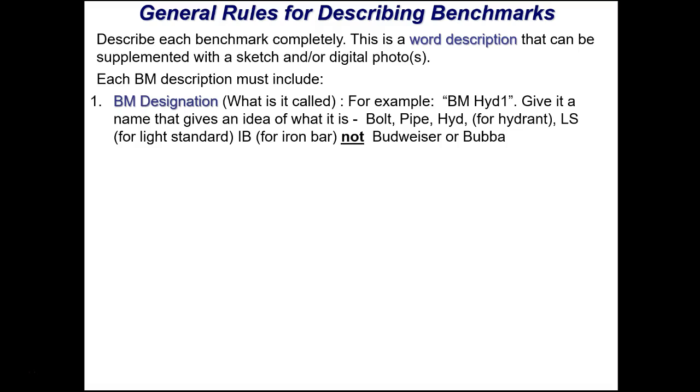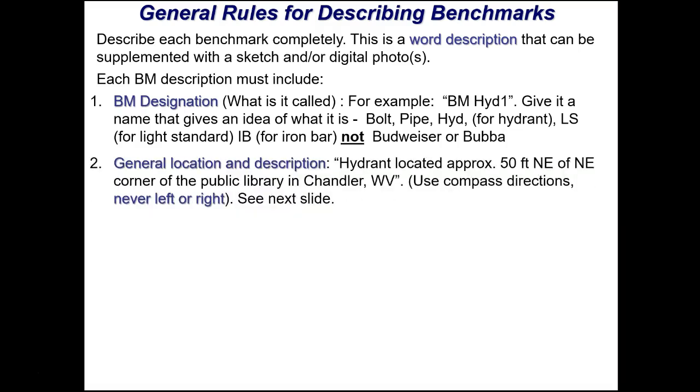Give it a name that makes sense. Don't use something weird. Give it a name, whether it's a bolt, pipe, a hydrant, a spike, something that makes sense later on. Some type of a location, in relationship to a particular intersection in a town. Make sure that you use compass directions.